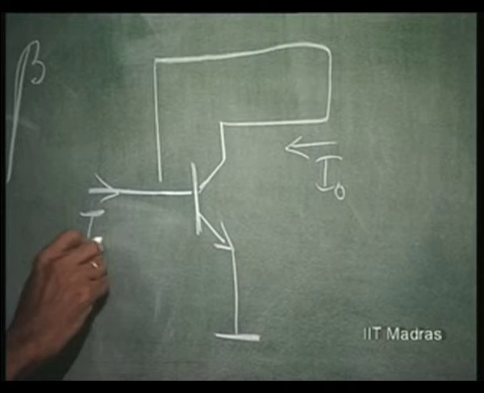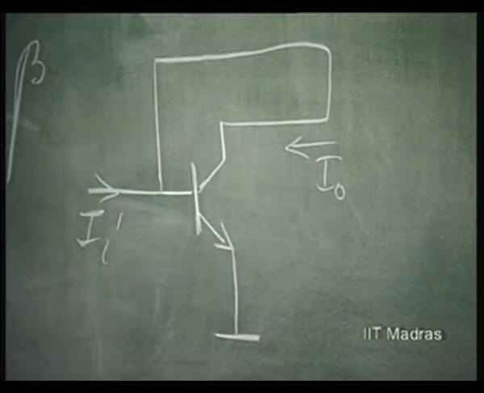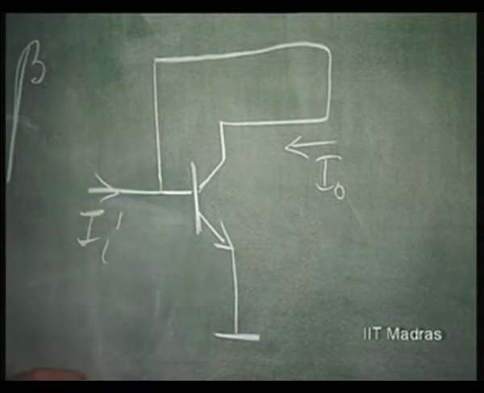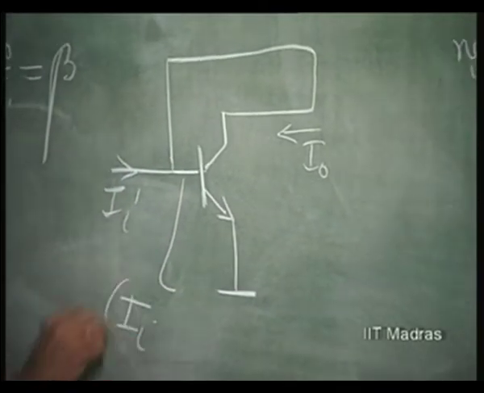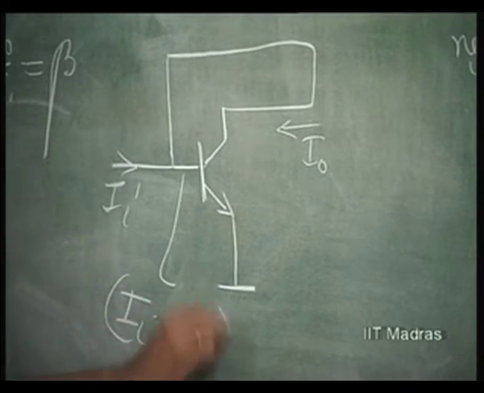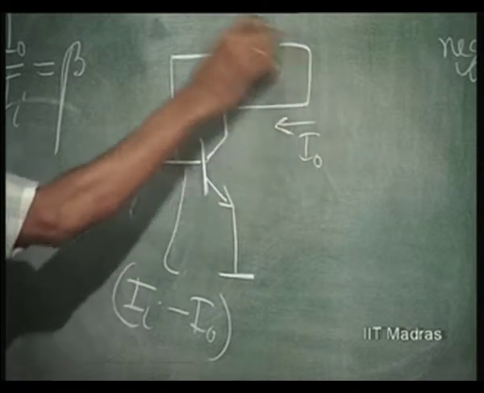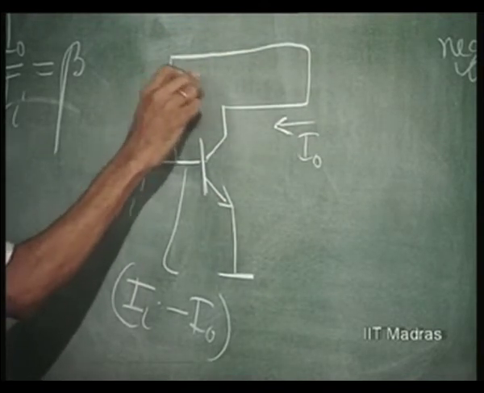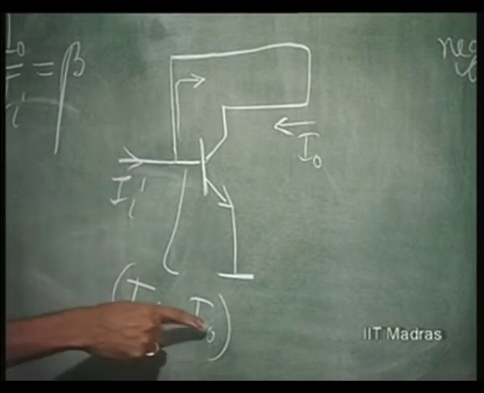This was originally Ii, and at this point now you will get the error current, which is nothing but Ii minus I naught, because this is I naught. So, I naught is flowing like this. So, this base current is Ii minus I naught.